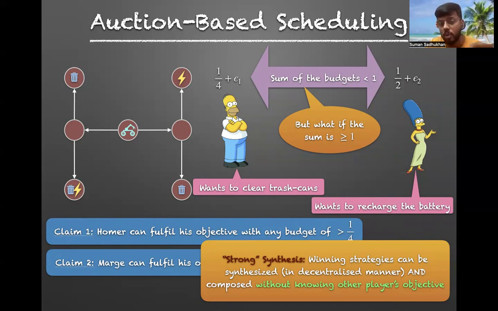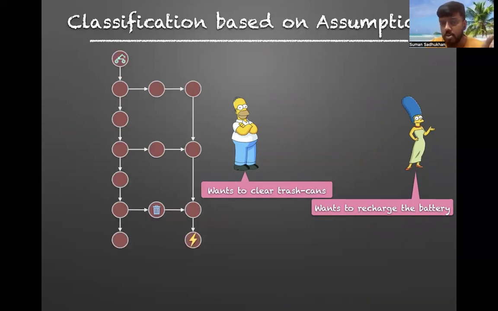And on the other hand, we are saying that they can, in principle, both win. Yeah, they can both win. It's not contradictory. But this will not always be the case, because in some other situation, the sum might be more than one, and for that we have to deal with the problem differently.